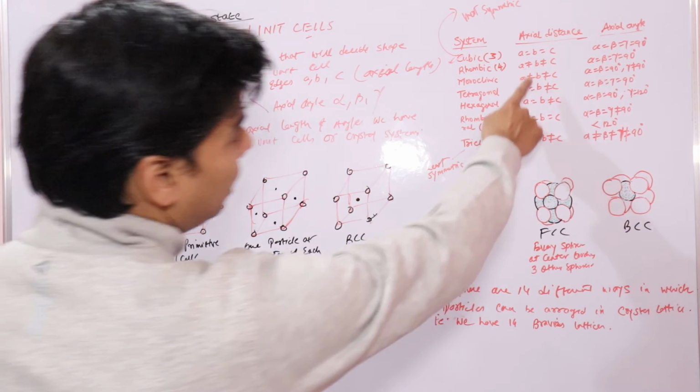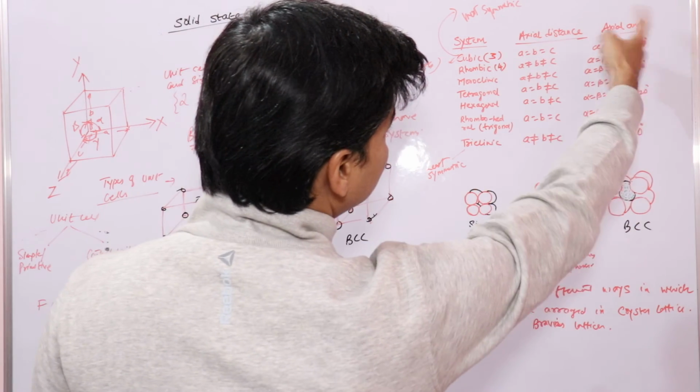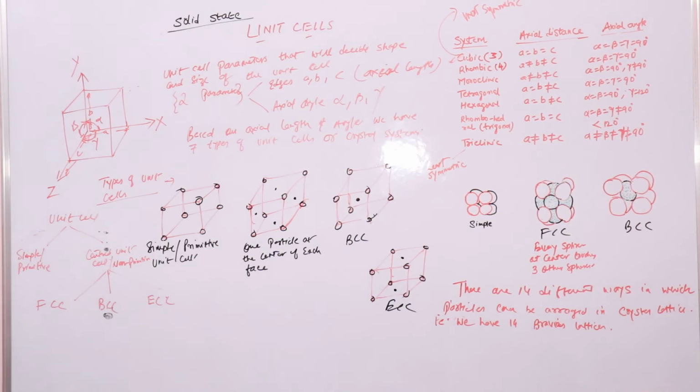And make sure you understand these also, the axial distances and axial angles. Now if we talk about monoclinic, we have 2 in monoclinic and 2 in tetragonal.